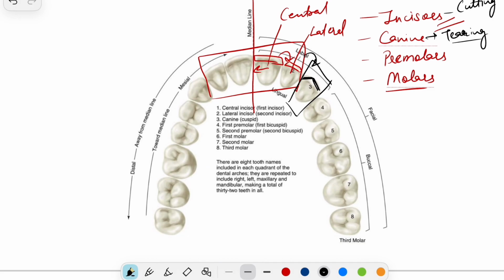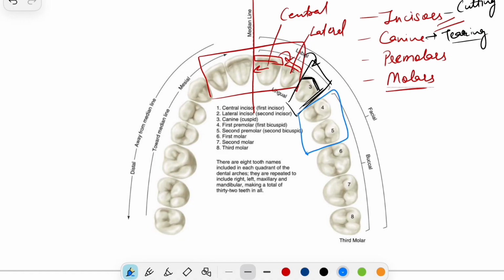And canines are also called cornerstones of the dental arch, because they provide strength and stability. Okay, so now we will move on to the premolars, and that was basically everything about the canine.